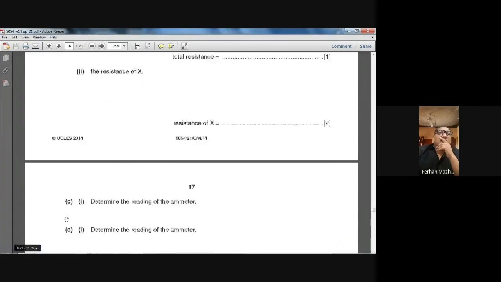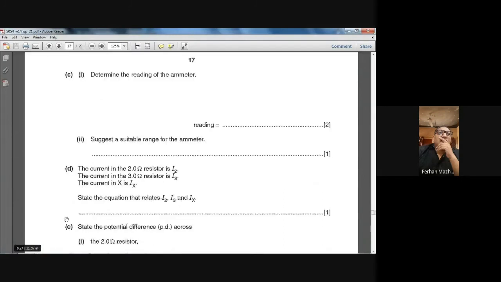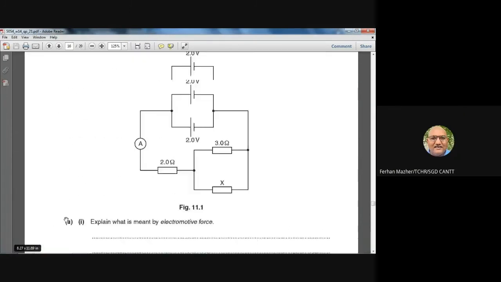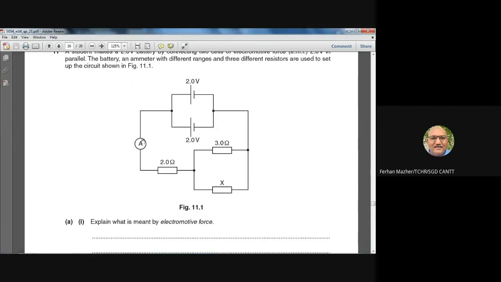So the next question is C, first part, determine the reading of the ammeter. You know, the ammeter is connected here. The ammeter is actually telling you the amount of current which is coming out of the battery.